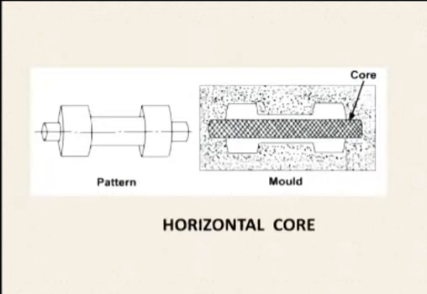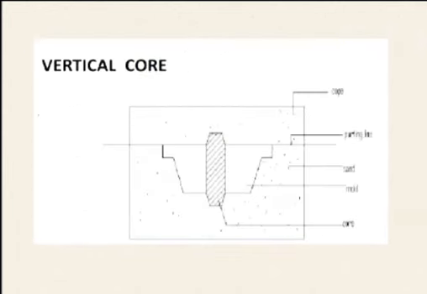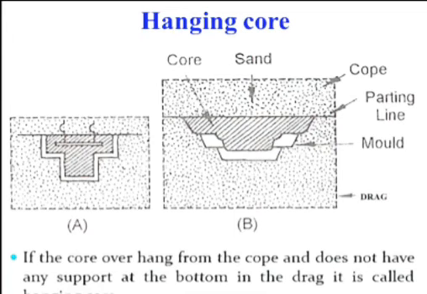These are the diagrams of a horizontal core placed into the mold, a vertical core, and a hanging core. If the core overhangs from the cope and does not have any support at the bottom in the drag, then it is called a hanging core.